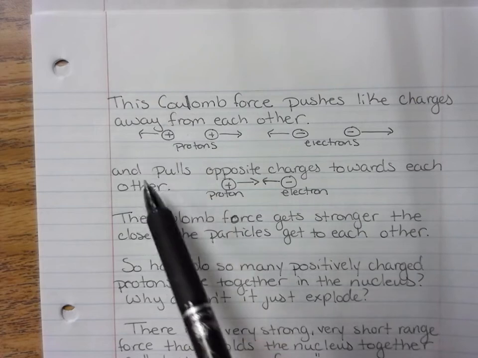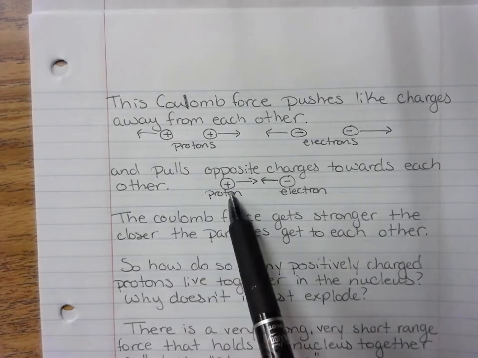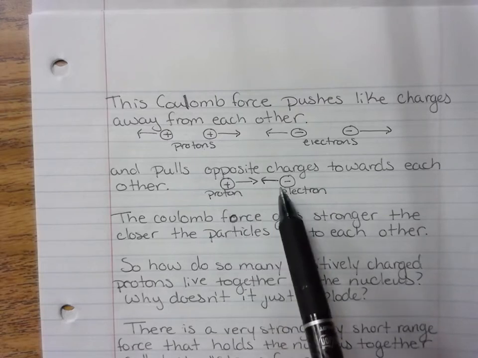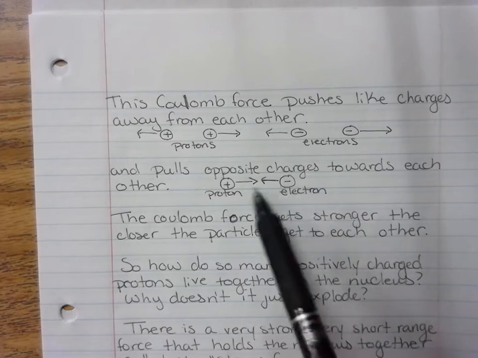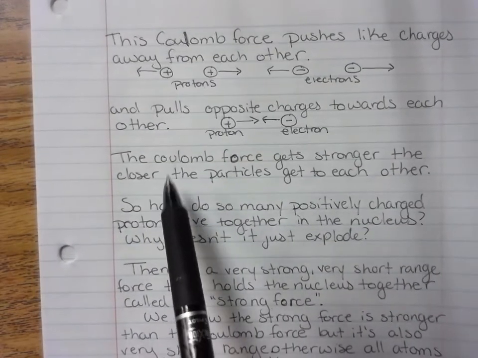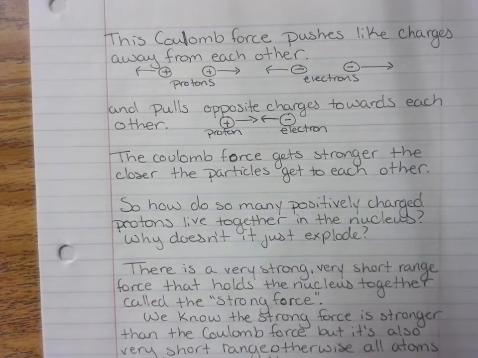But the Coulomb force also pulls opposite charges towards each other. So if you had a proton and an electron, they would pull towards each other. Positive, negative, those are attractive. The other thing we need to know about the Coulomb force is that it gets stronger the closer the particles get to each other.